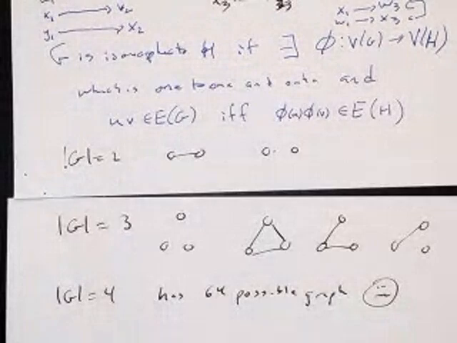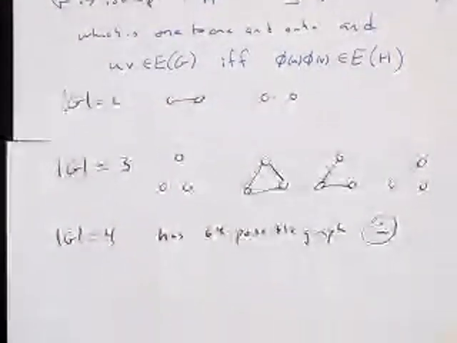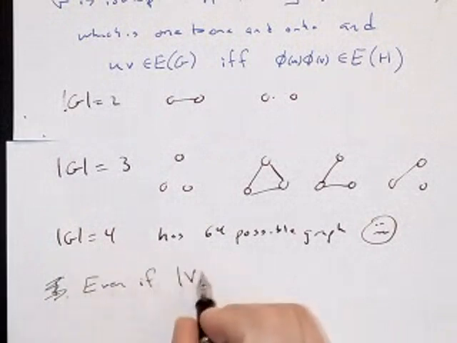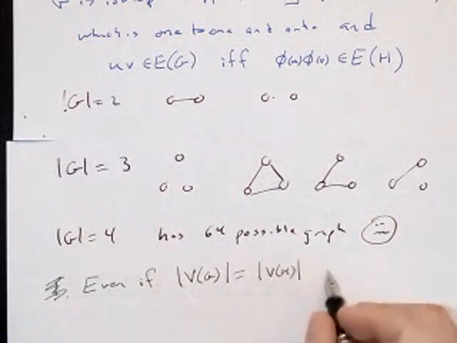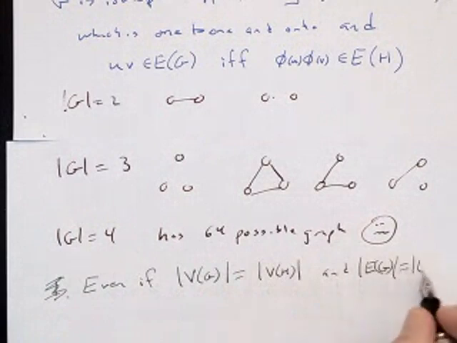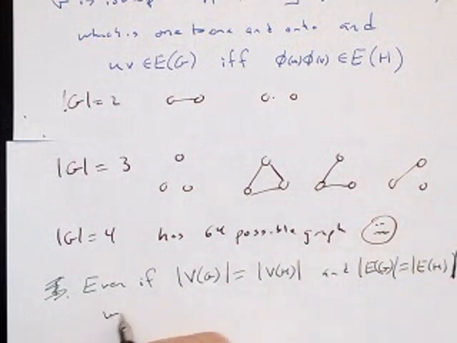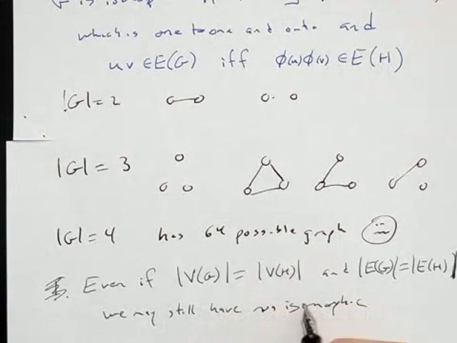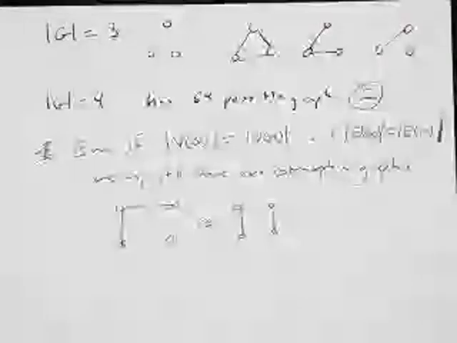Because larger graphs, even if we know they have the same number of edges and the same number of vertices, so here are two graphs on 4 vertices with two edges each, and they're not isomorphic.